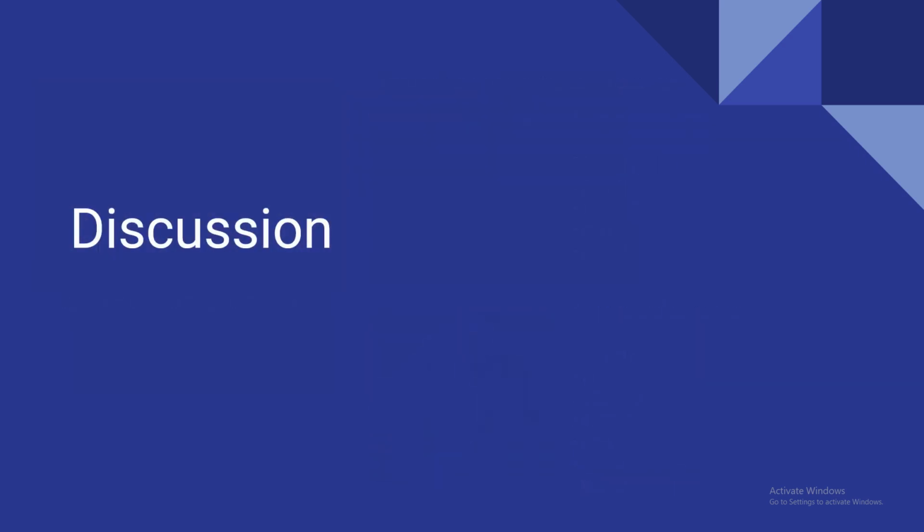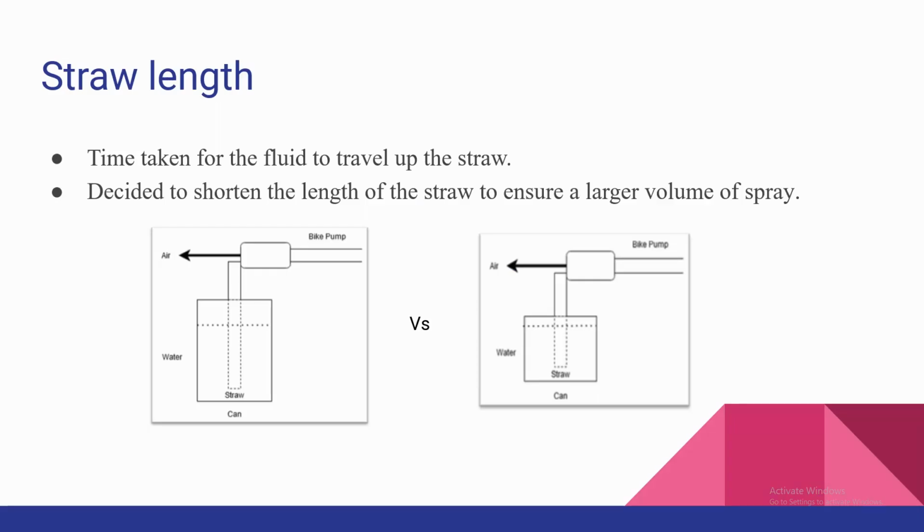Okay, in this slide I will explain the discussion. There are three factors that influence the performance of the atomizer. The first is straw length, the second is straw diameter, and the third is pumping speed. Okay, I will explain straw length first.